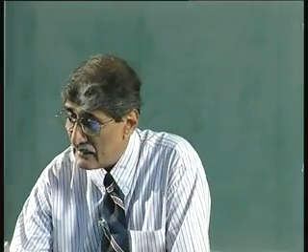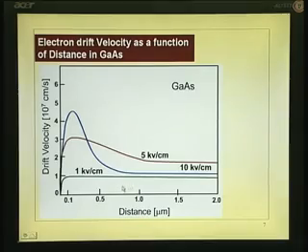So, that is clear. For example, if you take 10 kV per centimeter, then it has velocities in excess of 10 to the power 7 centimeter per second, over a distance up to about 0.5 microns.